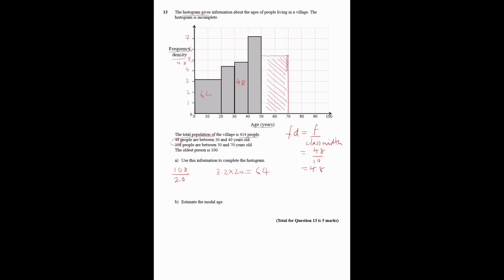So that's 64 there. Then 4.4 times 10 is 44. Then 7.2 times 10 is 72.